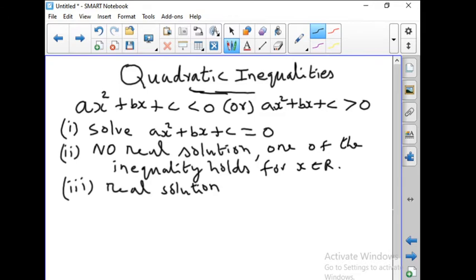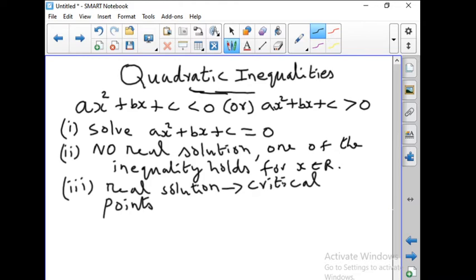So the zeros or the roots are called the critical points.